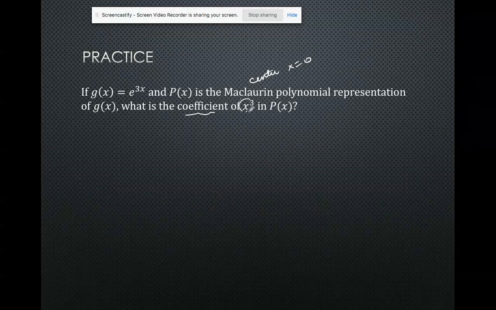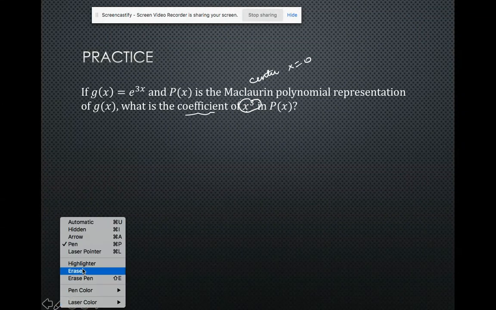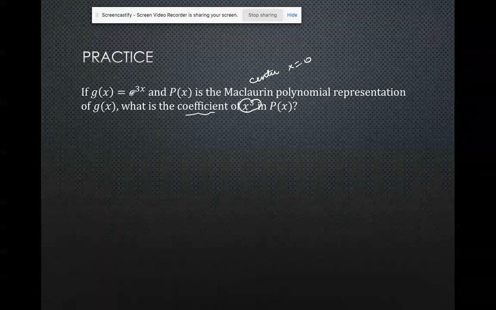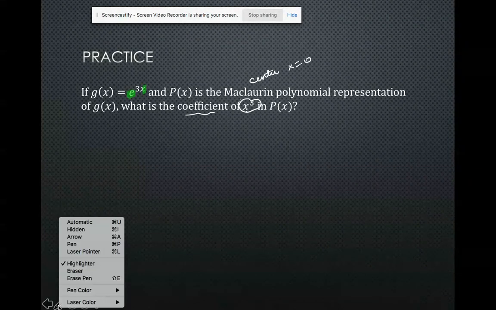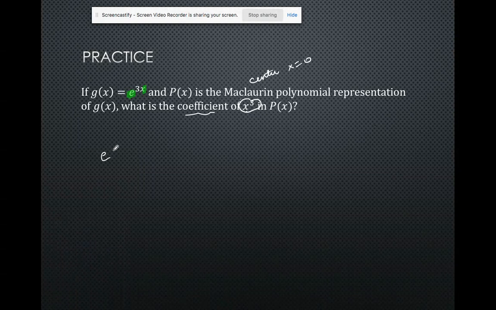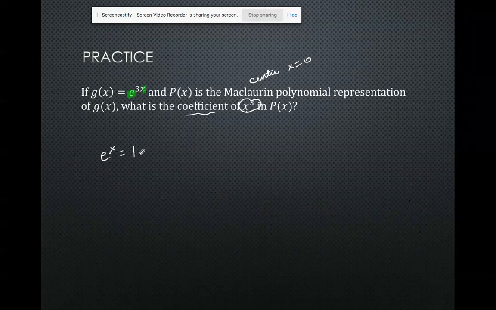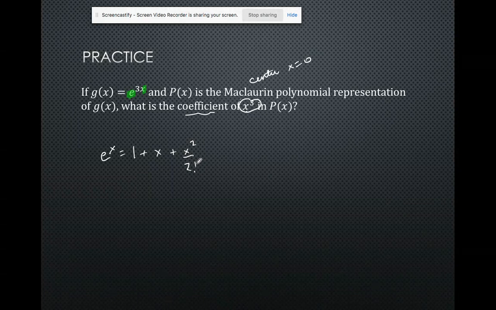So of the x to the third term. So what you have to realize again is that you've got a famous function, e to the x. E to the x is famous. You're supposed to know that e to the x is 1 plus x to the first over 1 factorial plus x squared over 2 factorial plus x cubed over 3 factorial.